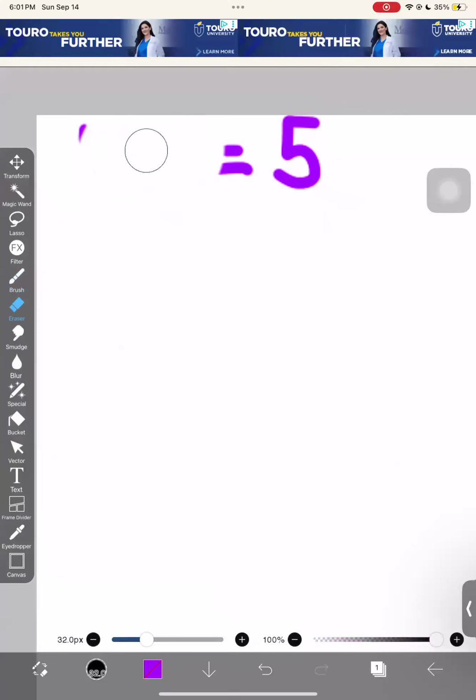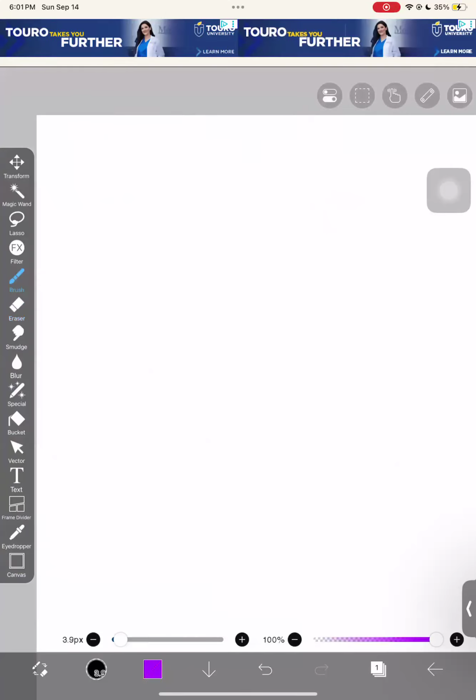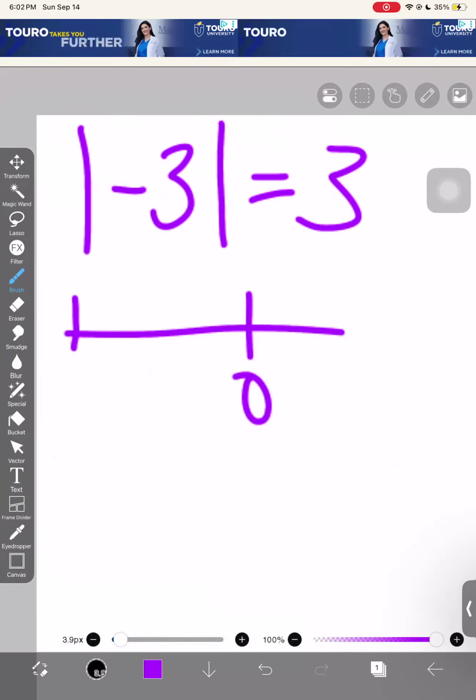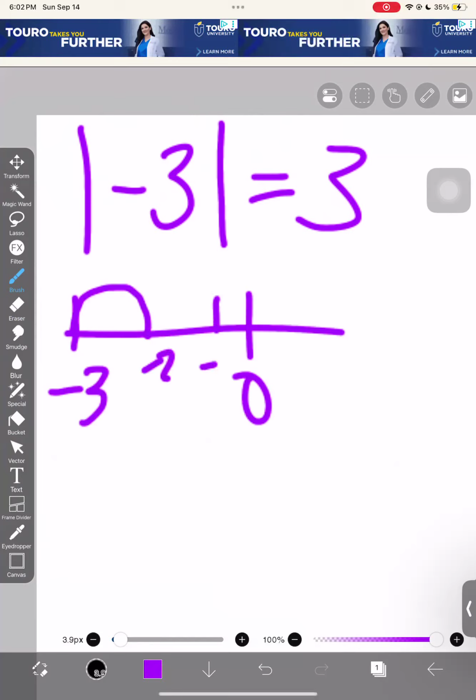Whereas the absolute value of negative 3 is just 3. Because how many units away is negative 3 from 0? 3 units. 0, negative 3, 1 would be negative 2, another one would be negative 1, and then the last one is 3. So it's 3 units away.